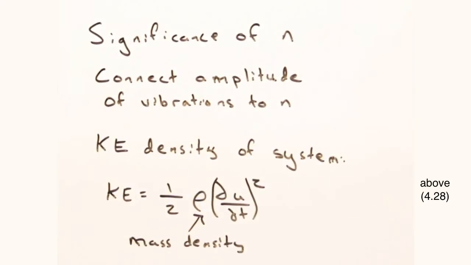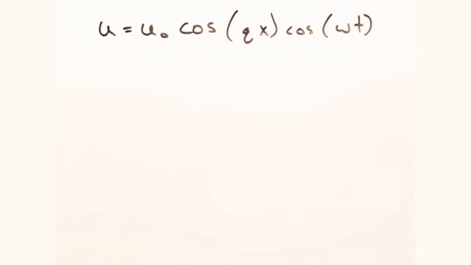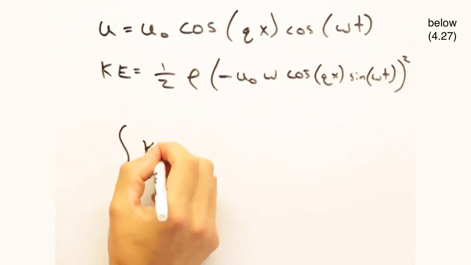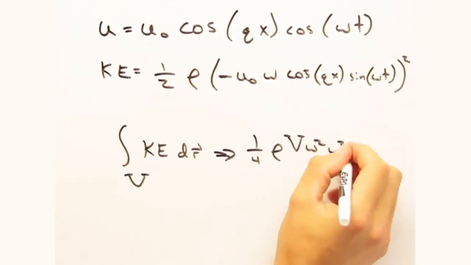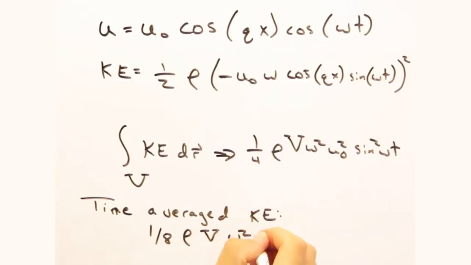Instead of the exponential, we'll use the simpler form for u, just using cosines. Plugging that into our kinetic energy expression, taking an integral over the crystal volume V, and looking at the time average, we get an expression for the total kinetic energy in terms of mass, omega, and amplitude.